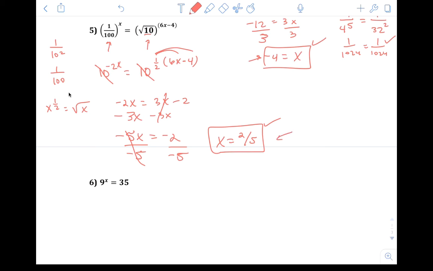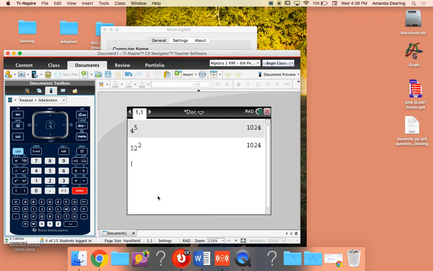Now, I'm going to check this in the calculator, and I'm going to remind you that you actually have the ability to check in the calculator by using your test feature, whether you're on an 84 or an Inspire. So for time's sake, I'm going to quickly store in 2/5 for x. Boom, x is 2/5. And then I'm going to test. Control divide makes my cute little stacked fraction. I have 1 over 100, and I am raising that to the x.